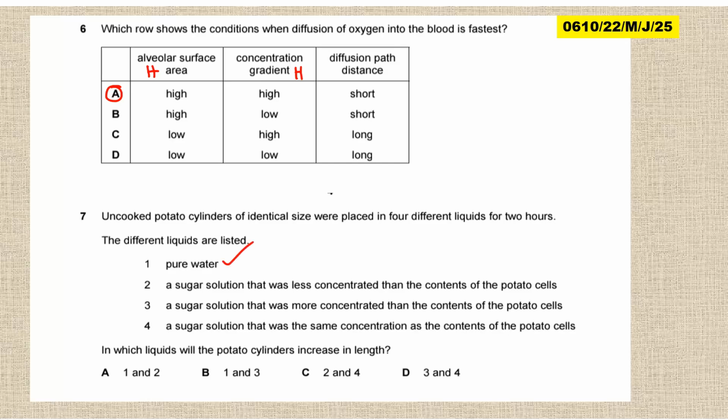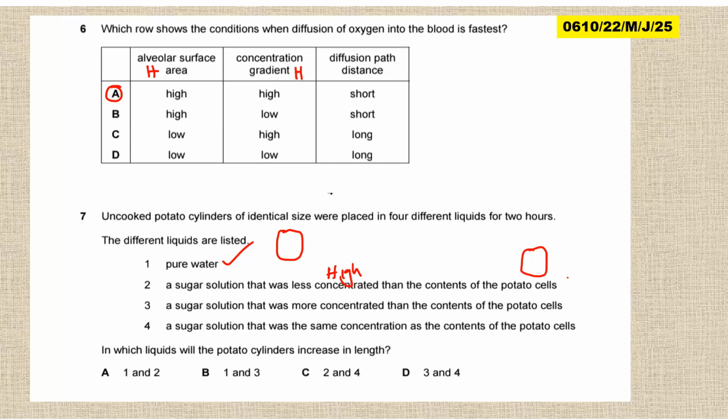First, pure water, which has high water potential, so you expect them to gain water and become turgid. Then a sugar solution that has a lower concentration than the content of the potato. Since it is less concentrated, it has high water potential, so the potato also gained water.